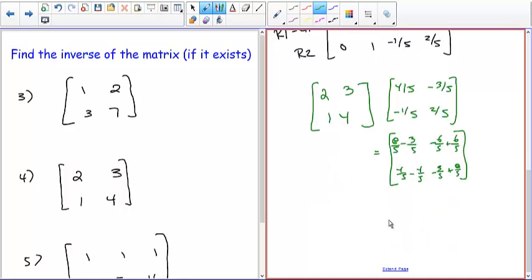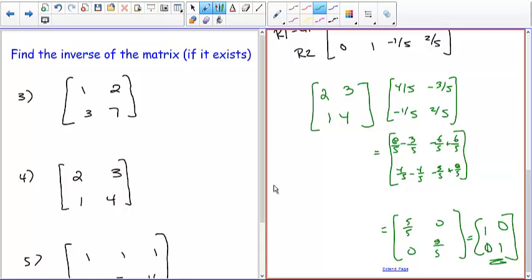Okay. So 8 minus 3 is 5. So you get 5/5. Here you get 0. Here you get 0. Here you get 5/5. This is 3. 8 minus 3 is 5/5. And 5/5, of course, is 1. So you get 1, 0, 0, 1.